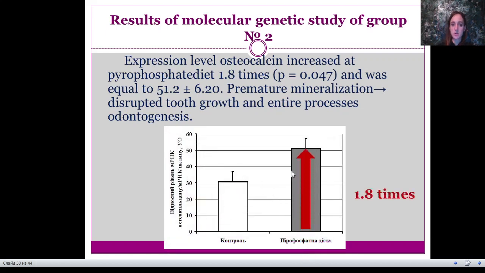Expression level of calcine increased on pyrophosphate diet 1.8 times and was equal to 51.2 plus or minus 6.20. And premature mineralization disrupted tooth growth and the entire process of odontogenesis.